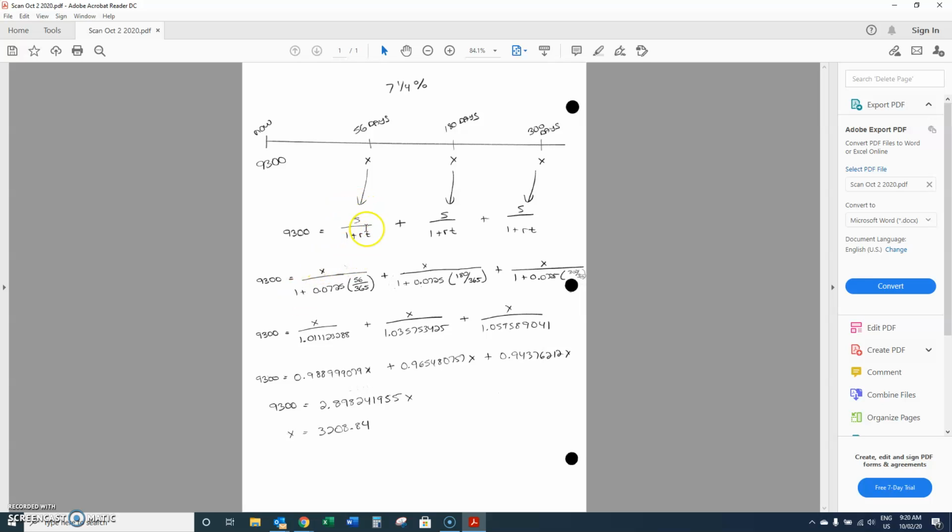The future value we don't know yet, that's X, over 1 plus R. R is the rate, 7.25%, so 0.0725. It's outstanding for 56 days into the future, so 56 over 365 is the portion of the year that we're looking at here.